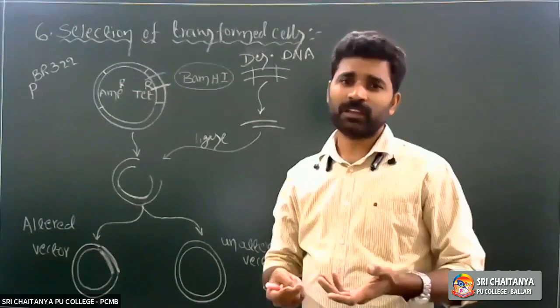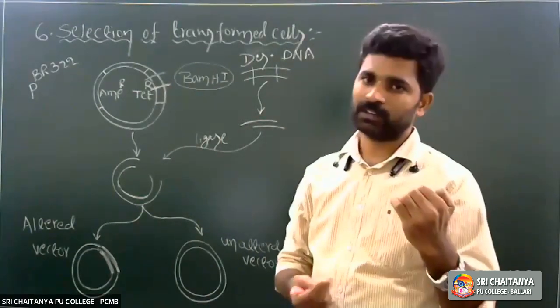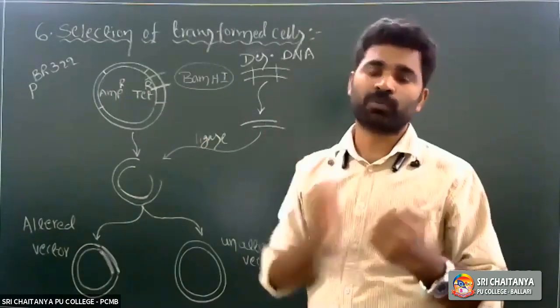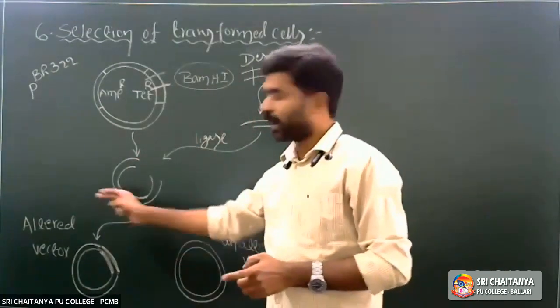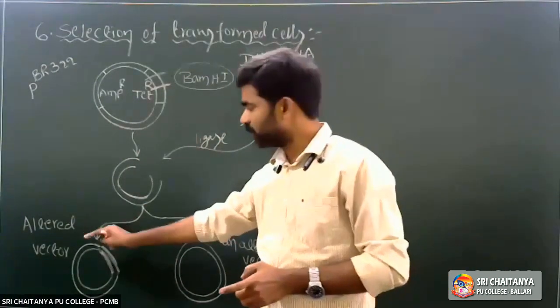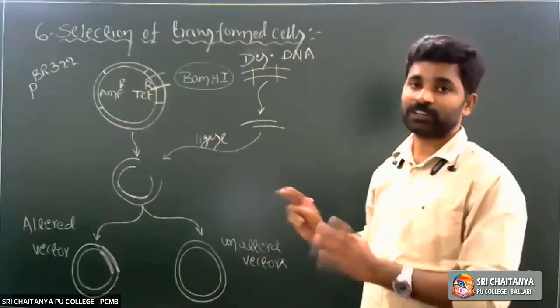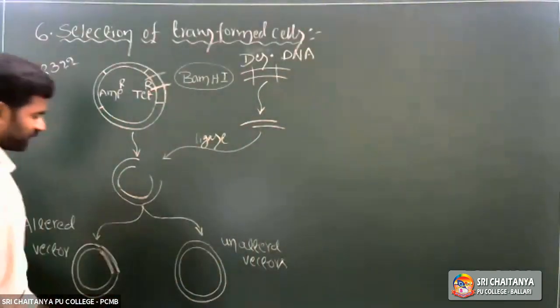But maybe the foreign genetic material segments are fewer, while the pBR322 vectors are more. In that case, some vectors have inserts, and we call them altered vectors. Some vectors do not have any insert, and we call them unaltered vectors.